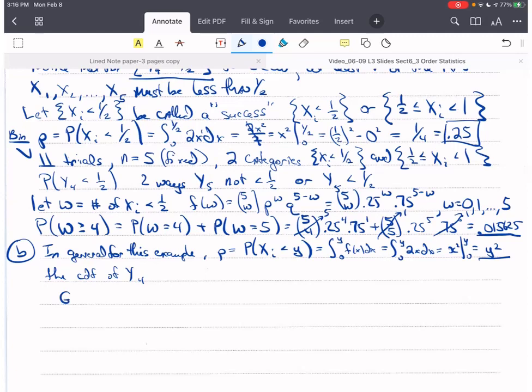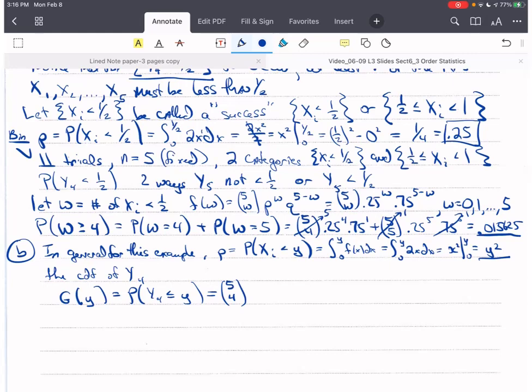So G of little y is equal to the probability that y4 is less than or equal to y, which is equal to, now again, I have 5 choose 4, so we can have that y4 is less than or equal to y only, and y5 is not in this case.